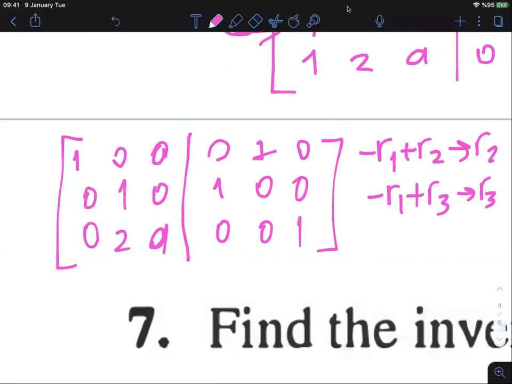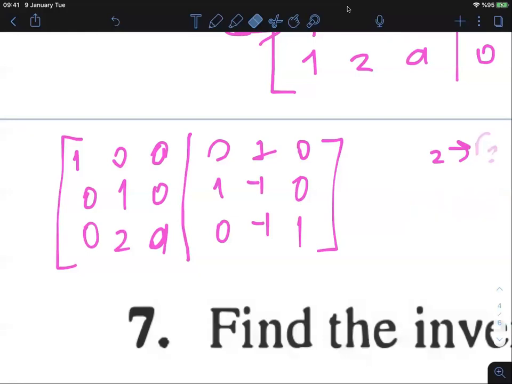And none of the other things will change, and this will become minus 1, right? And this will become minus 1. Okay, so that's the first step.